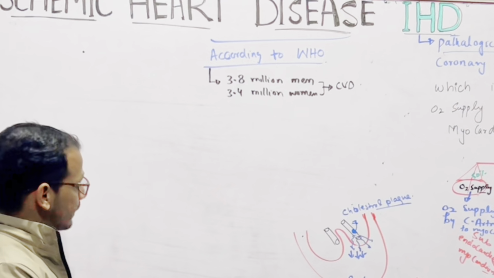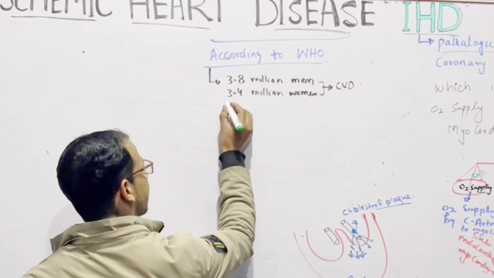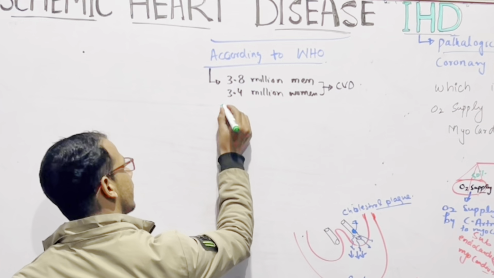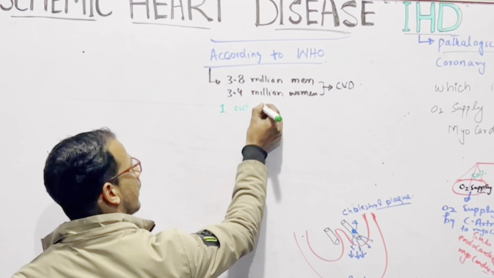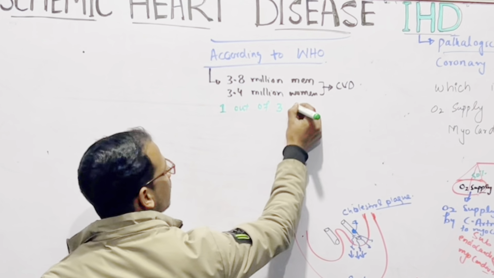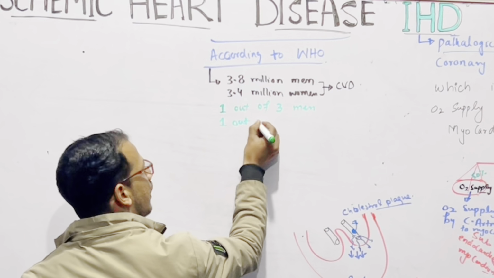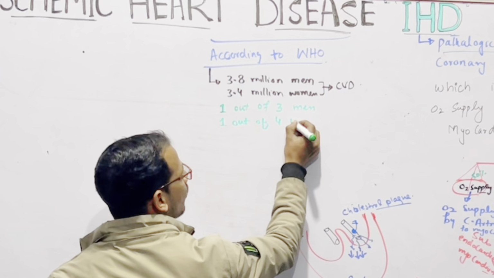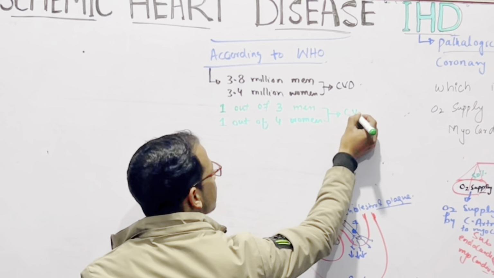It means that, according to your book, the updated Davidson's Medicine, 1 out of 3 men and 1 out of 4 women are affected by CVD.